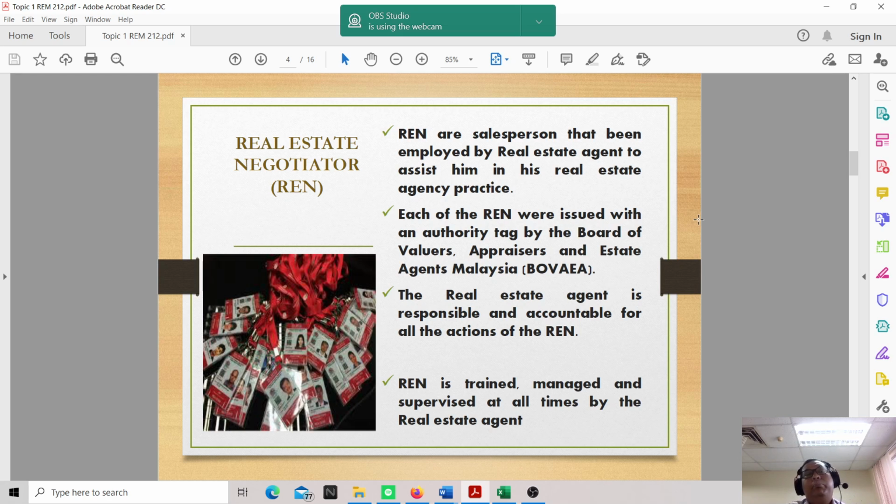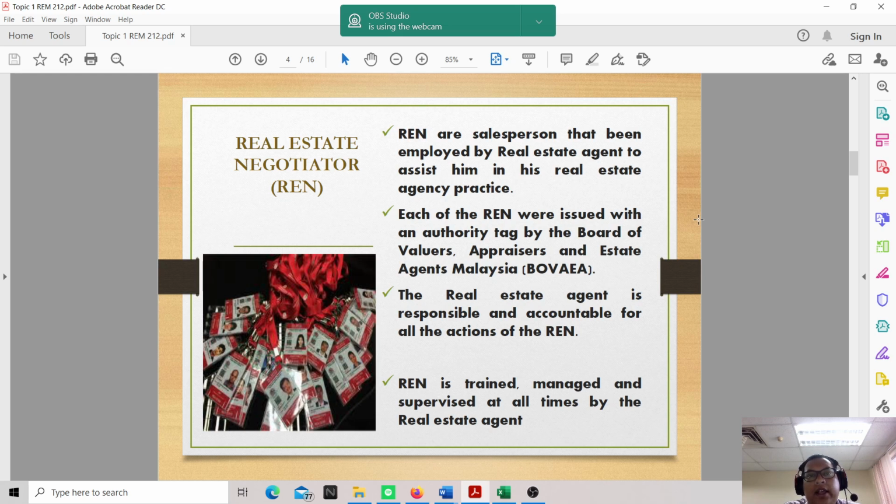So for people to become real estate negotiators, they don't necessarily have to have a diploma in estate management or a diploma in real estate. But to enable them to become a registered estate agent, meaning you will get the full 3% fee without dividing with other people, you have to have a certified qualification approved by the board of valuers.